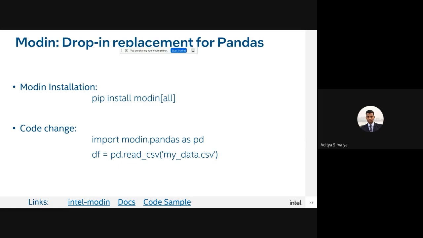Once you have installed it, earlier you might have had import pandas as pd. Now what you will do is import modin.pandas as pd and do everything like you were doing for pandas. You don't need to think about that.